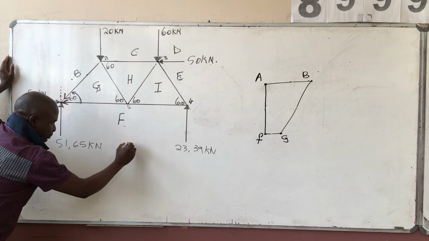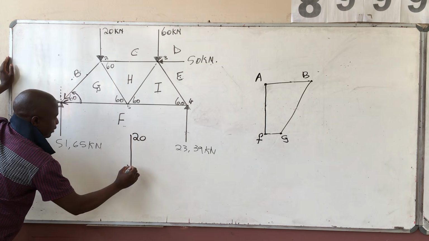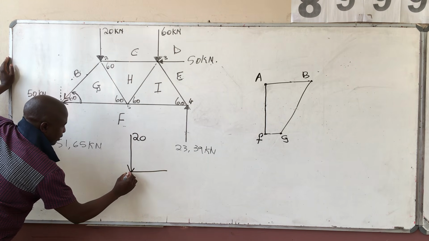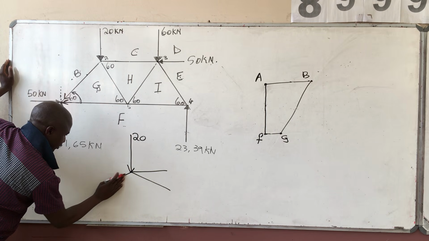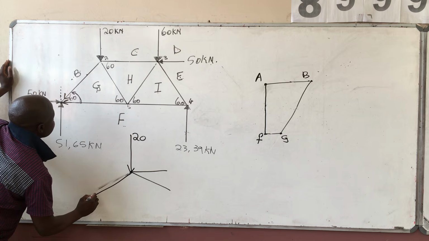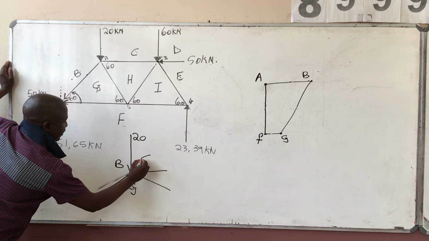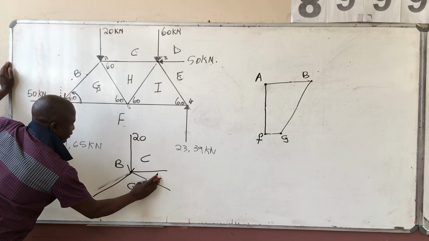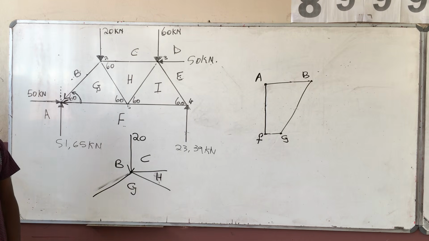So when I extract point number 2, we have 20 horizontal at angle 60 at unknown angle. Here is G, B, C, H. So in this case, now we're at point number 2.